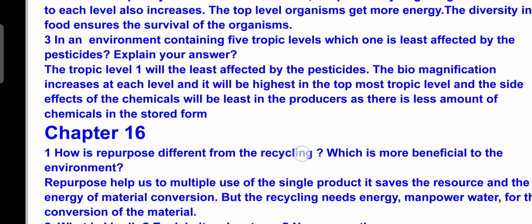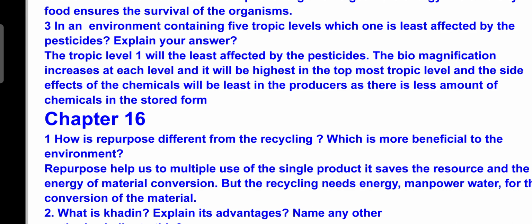The biomagnification increases at each level. Unlike the energy transfer 10% law, this biomagnification will be the reverse of the energy transfer. From the first level to the next level, there will be more amount of chemical transfer. So the top level will have the highest biomagnification, that is the highest deposition of the harmful chemicals.